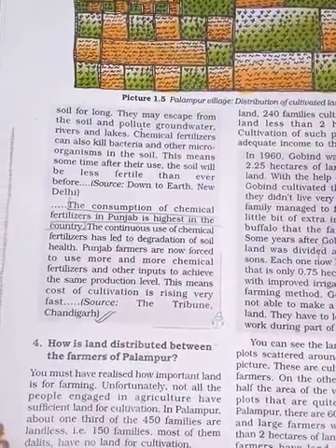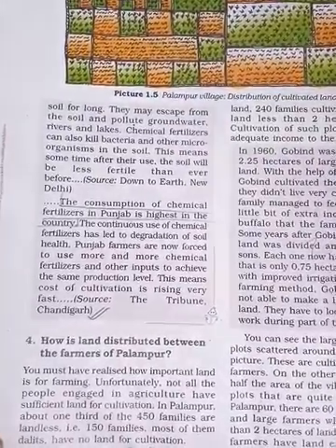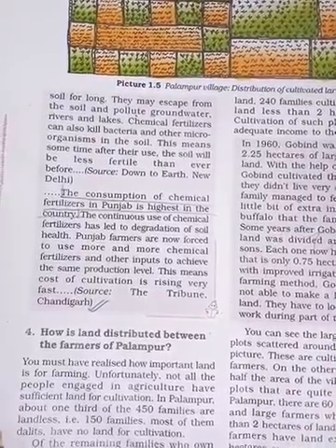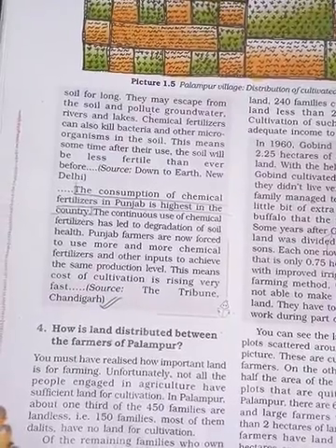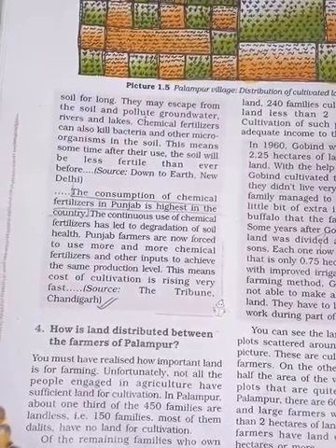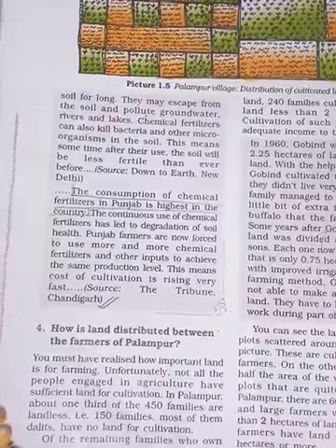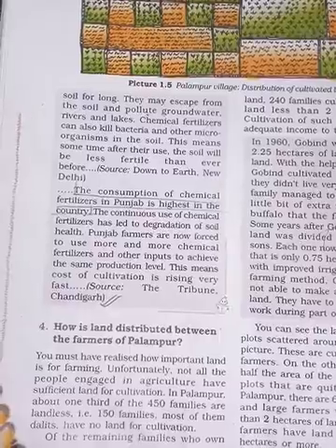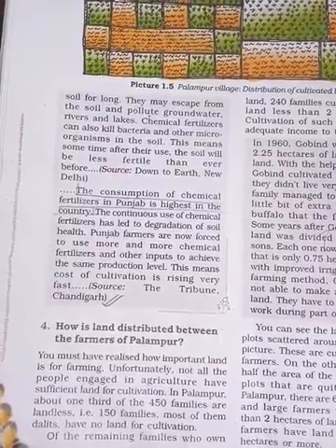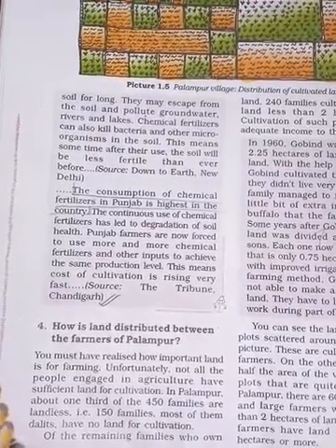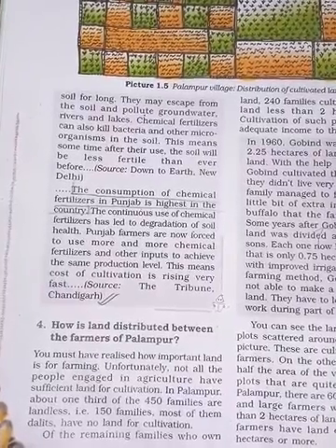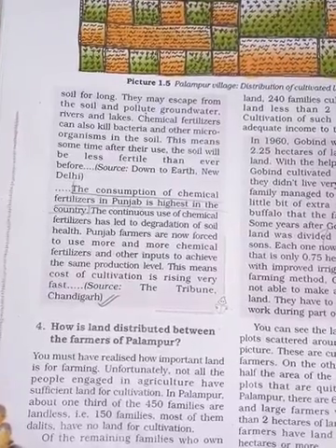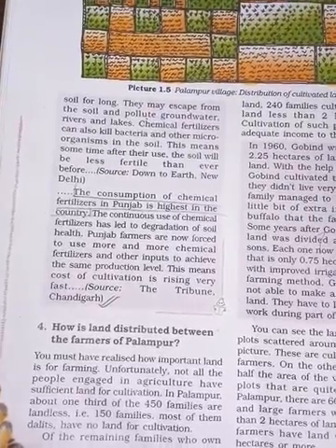The consumption of chemical fertilizer in Punjab is the highest. That means in Punjab the consumption of chemical fertilizer is very large, very high. So if they keep using it, they are going to have land degradation, and the soil fertility is going to be lost. Punjab farmers are now forced to use more chemical fertilizers to produce the same production.